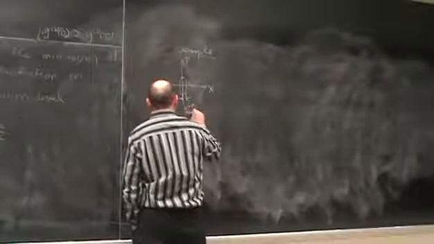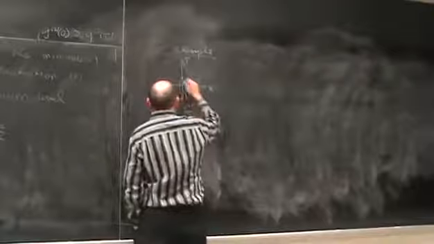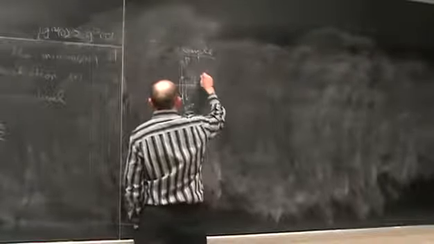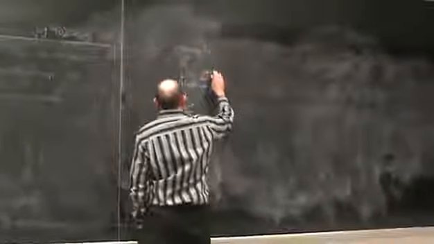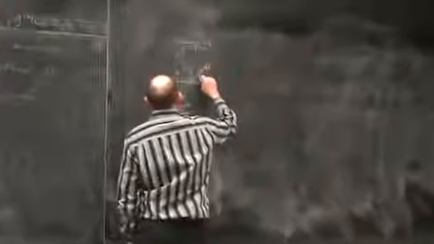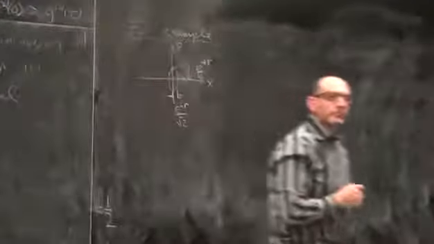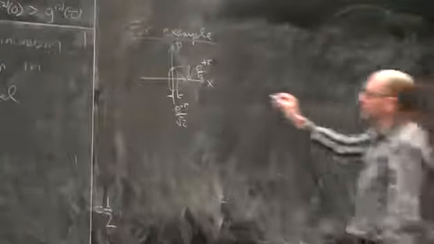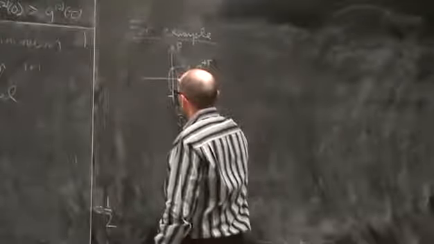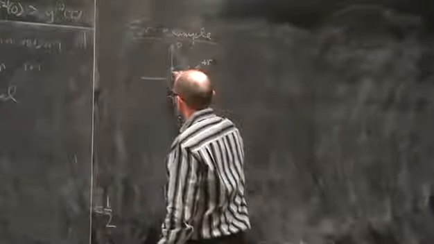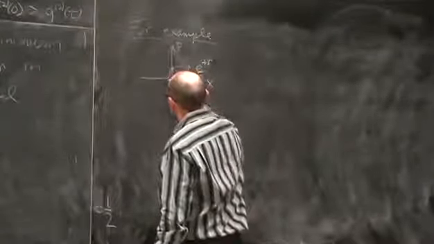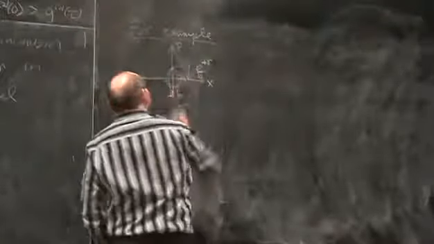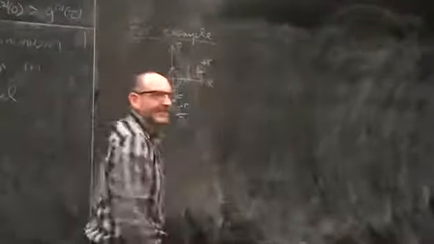I'll call that e to the minus r over root 2, and therefore the product, this guy, is e to the plus r over root 2. Okay, so that's squeezed. This was the vacuum, and then I squeezed it.